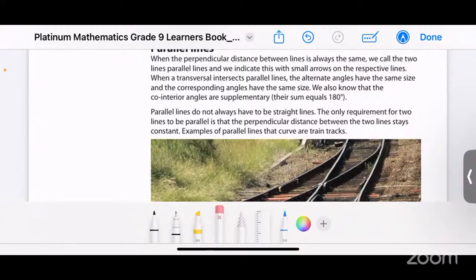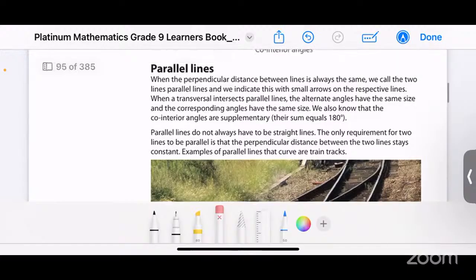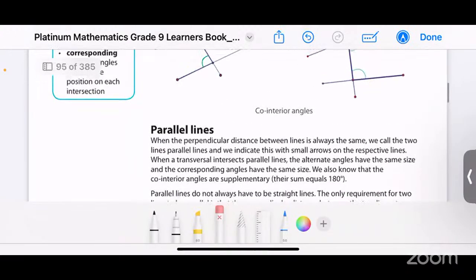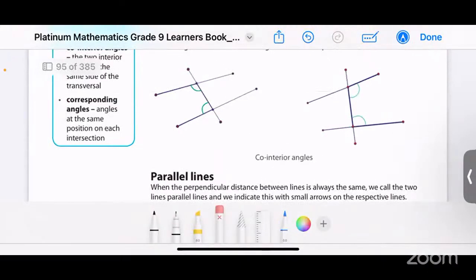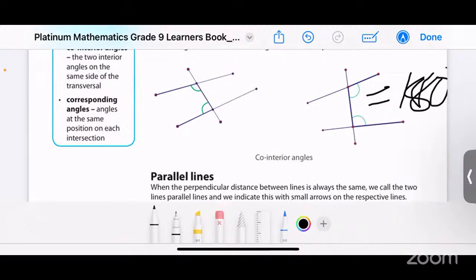We also know that the co-interior are supplementary. These are equals to what? 180 if we add the co-interior angles. If we add these two angles inside, we must get 180 degrees.